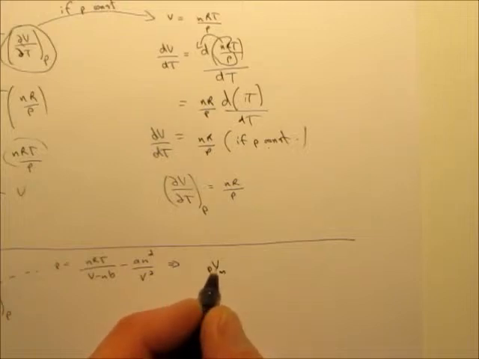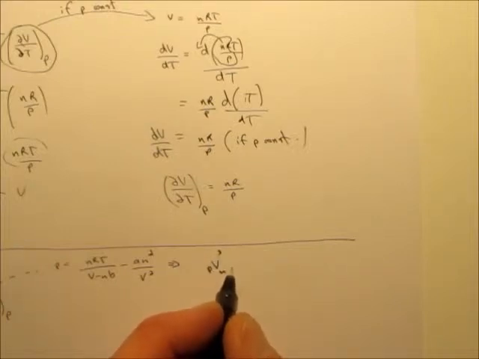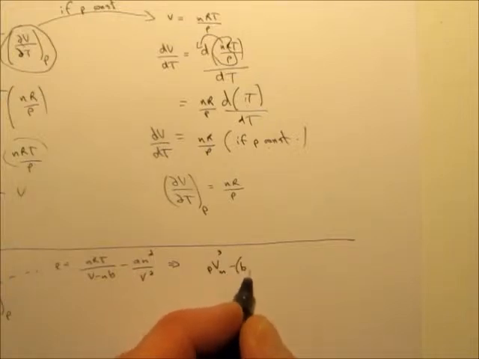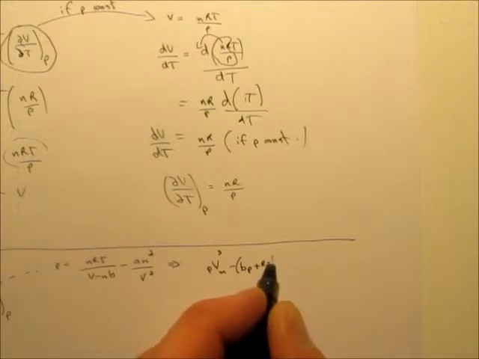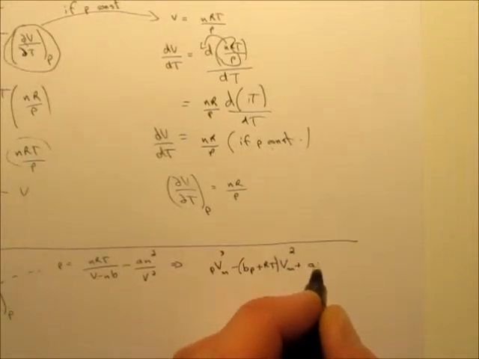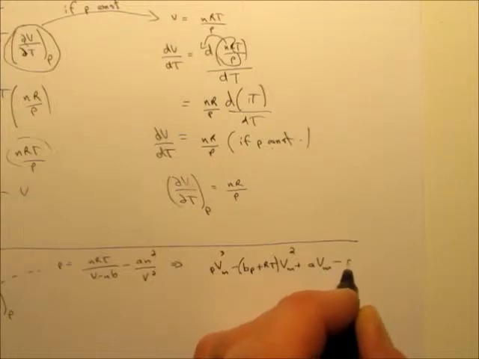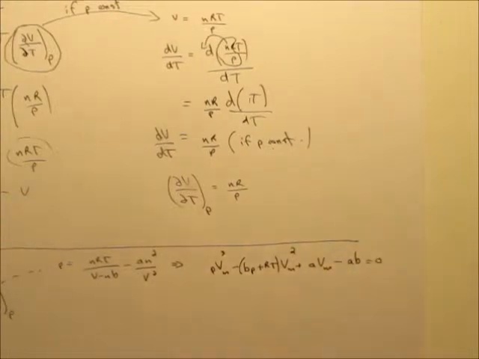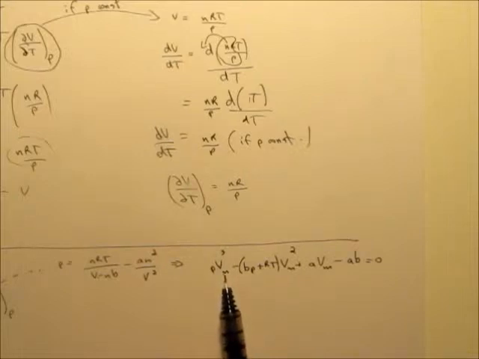If you're using molar volume, and this is all in your notes from before, technically the van der Waals looks like this. So in other words, if somebody gives you enough information for a van der Waals gas and you're asked to solve for the volume or the molar volume, this is the molar volume one, you get a cubic.